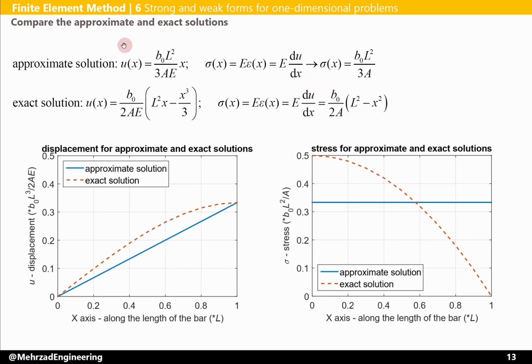So we need to take the first derivative of u and then multiply the result by the elastic modulus E, and this is the result. Sigma of x is equal to b0 times L to the power of 2 over 3A, which is a constant function. It means that along the length of the bar, normal stress is constant, and it is equal to b0 L to the power of 2 by 3A.